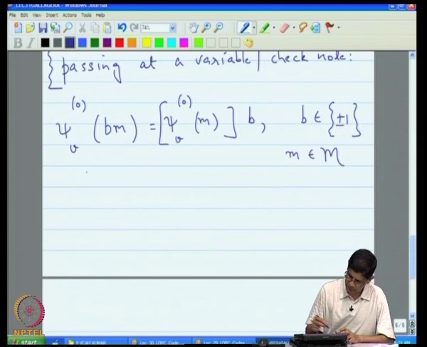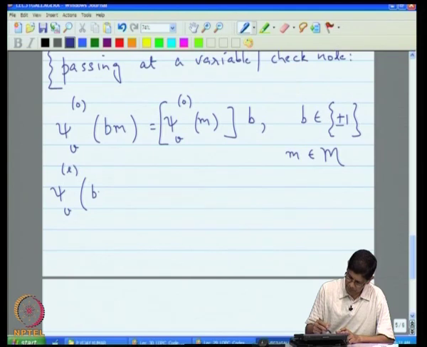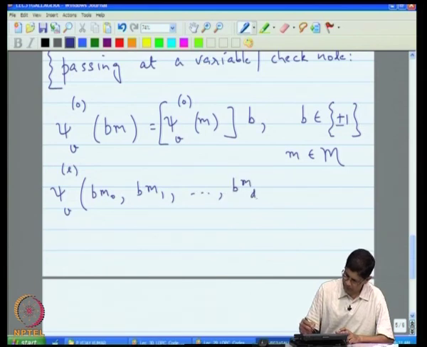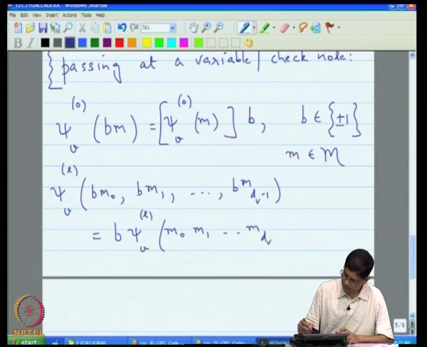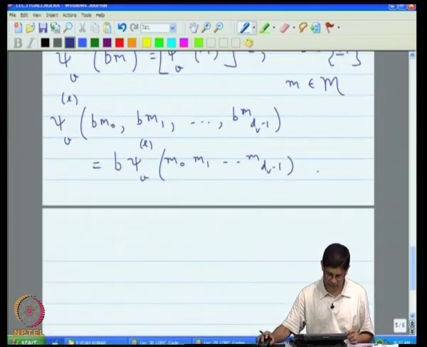We will also assume that psi v l of b m 0, b m 1, ..., b m d v minus 1 is equal to b times psi v l of m 0, m 1, ..., m d v minus 1. And I will come back and explain these in a second.